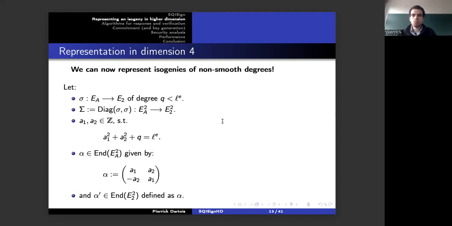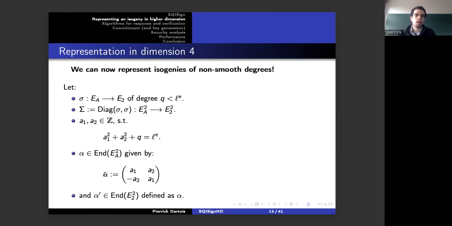So let's say that we want to represent our sigma, our response or signature, of degree q smaller than L to the E. We have this big sigma, which is just a two-dimensional diagonal isogeny given by sigma. Let a1 and a2 be integers such that the sum of their squares is L to the E minus q.